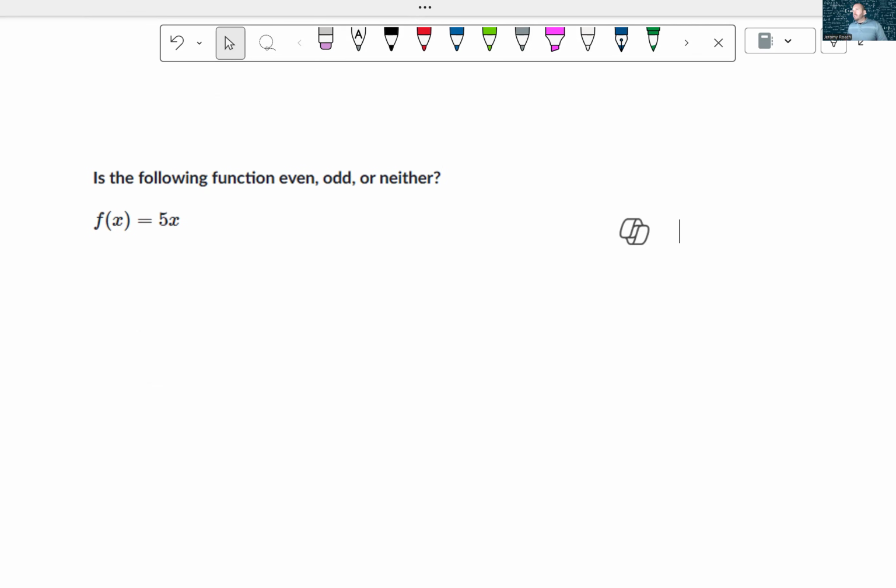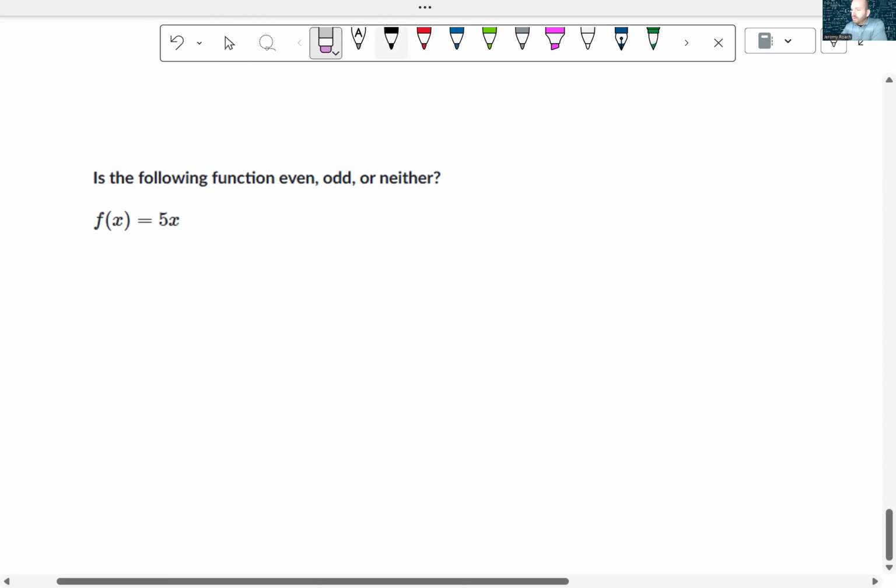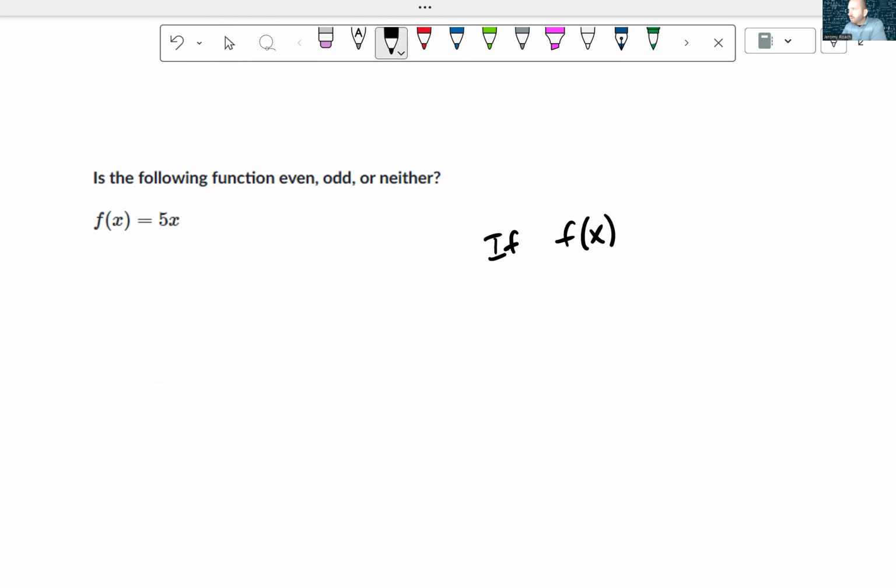Here are our rules for even, odd, or neither. If f of negative x equals f of x, then our function is even.